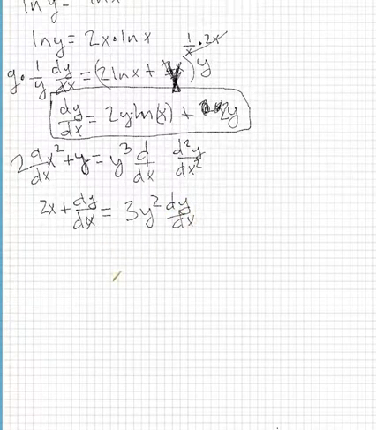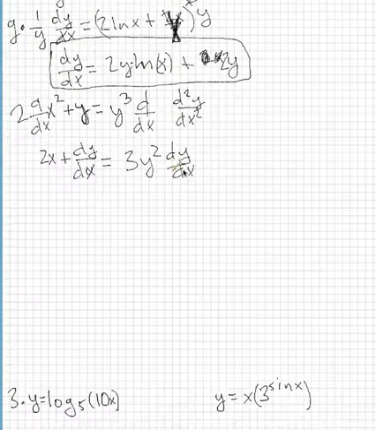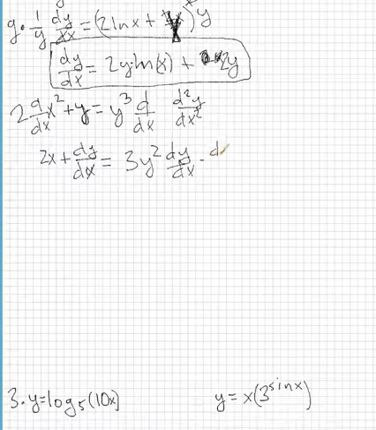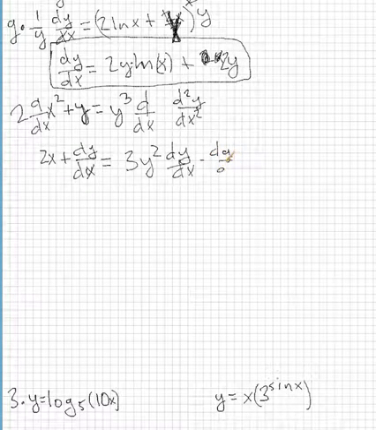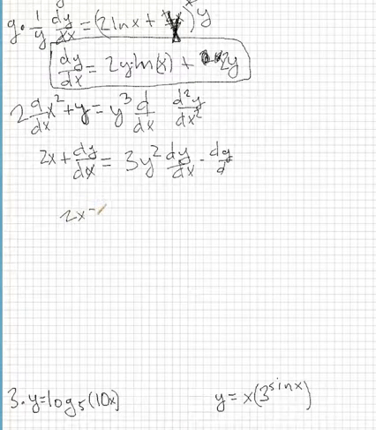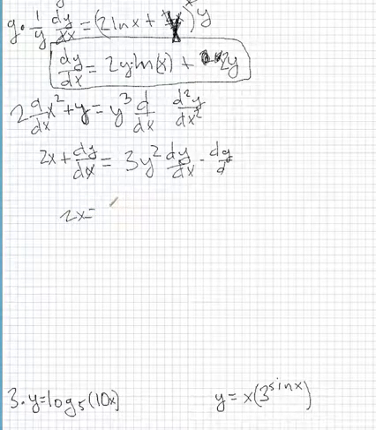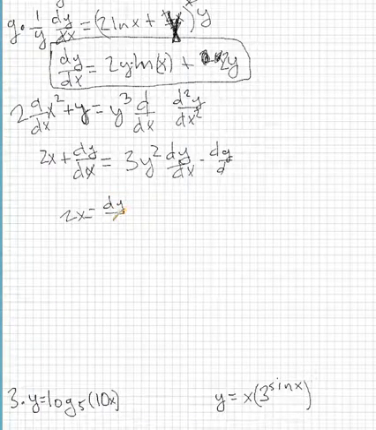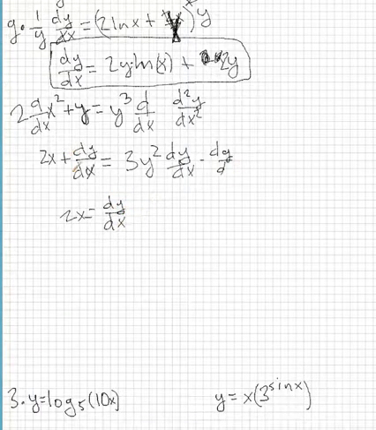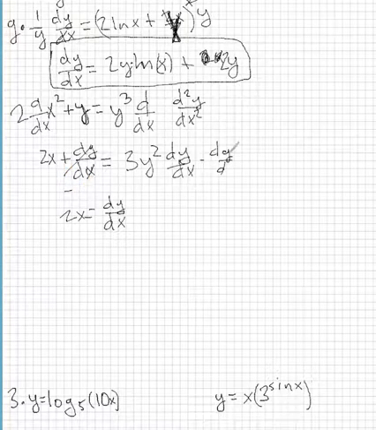So now we're going to solve for dy/dx. I'm going to subtract dy/dx over on this side. So 2x equals, I'm going to factor out the dy/dx. So this side went away. We subtracted it. So now this side, it's just 2x equals 3y squared dy/dx minus dy/dx.